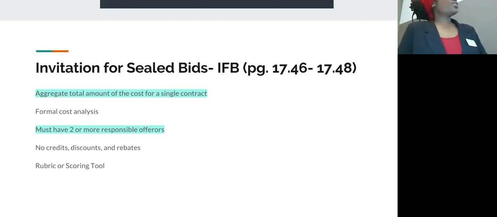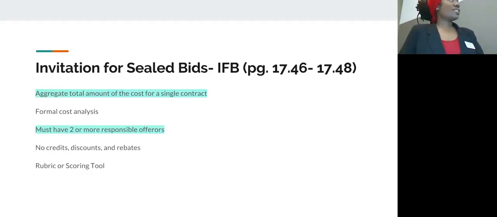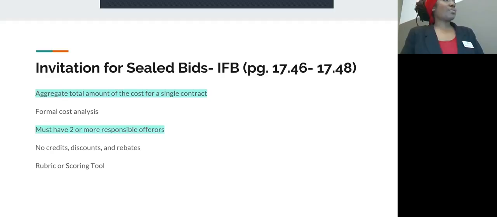For invitation for sealed bids, a formal cost analysis is required, so make sure you're following the appropriate methods in your written procedures for conducting a cost analysis. Must have 2 or more responsible offers.